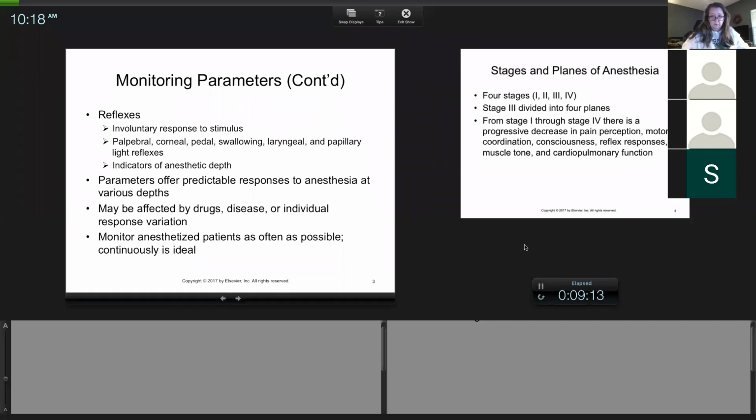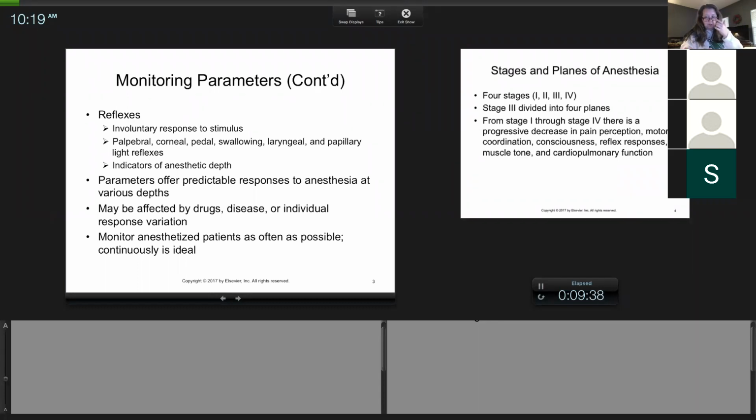Palpebral is the first reflex listed right here, okay? That is where you tap and you see if they blink. Obviously, if I do this to an awake animal, they're not going to like it, they're going to blink. If I do this to a dead animal, they're probably not going to blink, okay? So as I travel from awake to deep, that reflex is probably going to go away.